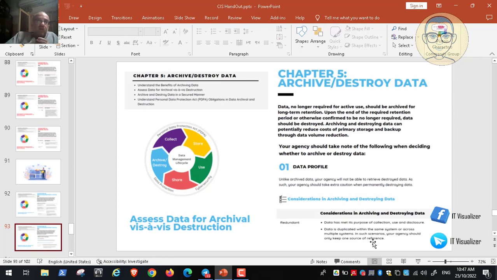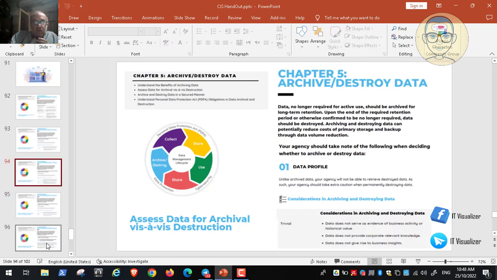If you have another decision to retrieve it back, for example. So this is redundant. And then something called trivial. So you need to take into consideration the redundancy of the data, then trivial data does not serve as evidence of business activity or historical value. This is very logical. Data does not provide corporate relevant knowledge.